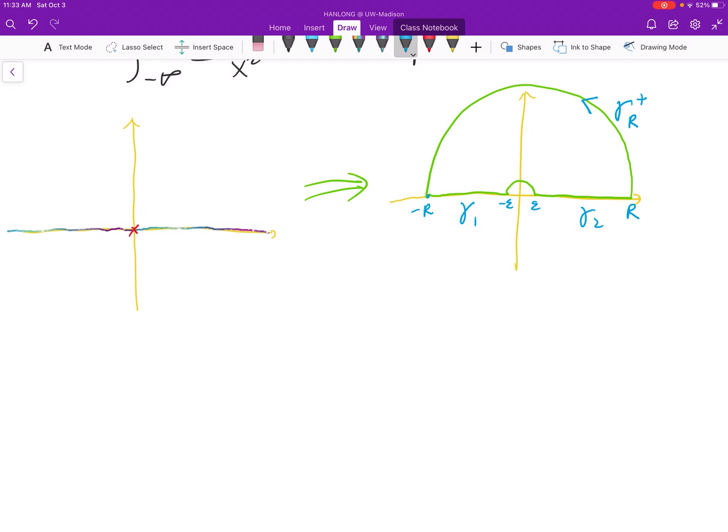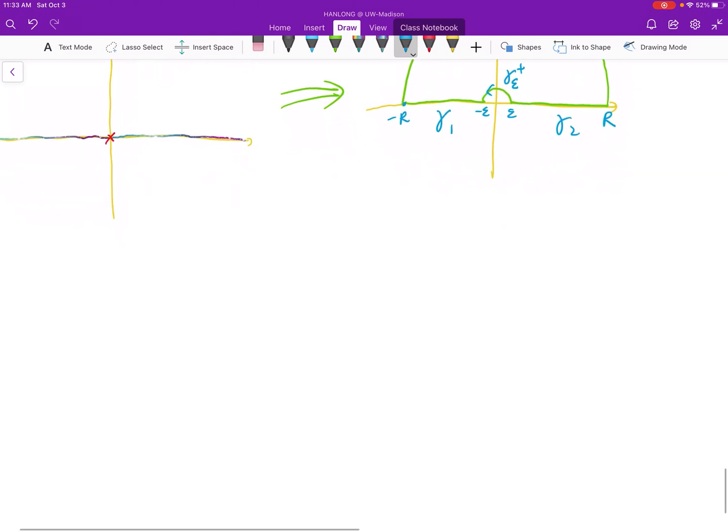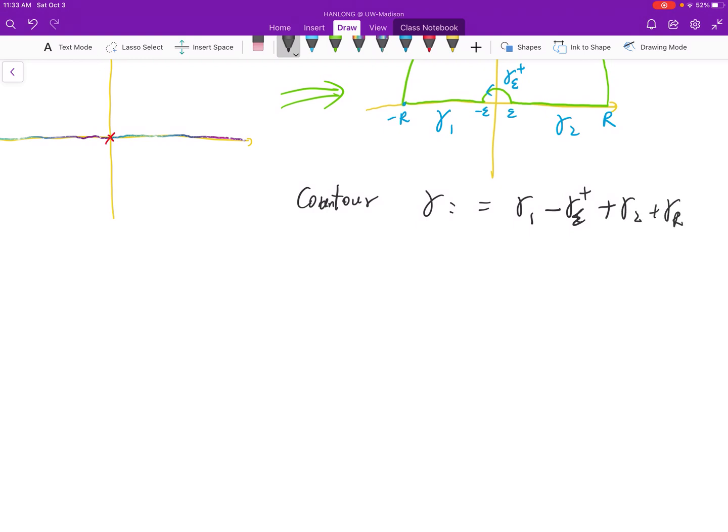And then you have gamma epsilon plus. This is from epsilon to negative epsilon, also a hemicircle. And then the contour is defined by gamma 1 minus gamma epsilon plus gamma 2 plus gamma r plus.